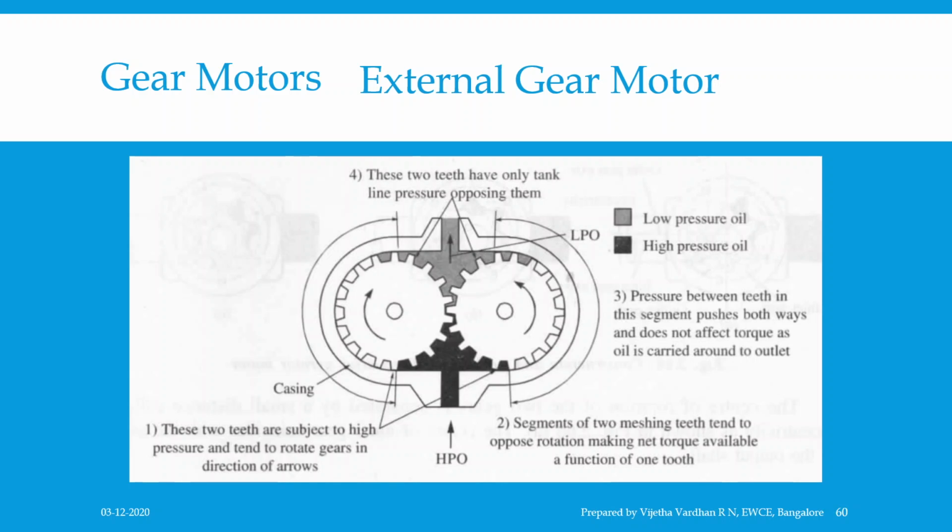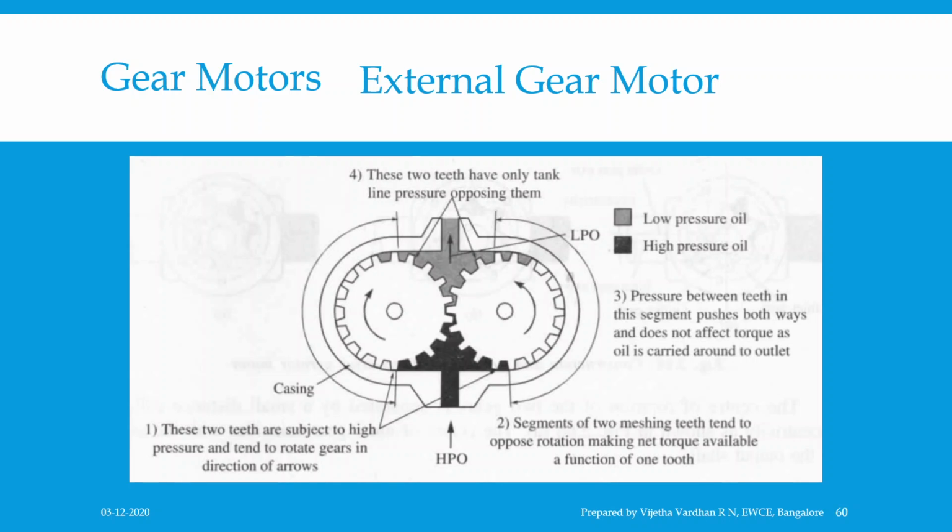Upon working, high pressure oil enters one side of the casing, unmeshes the gears and forces them to rotate. The oil under high pressure follows the path of least resistance, which is around the periphery of the inner side of the housing, and comes out at a low pressure through the outlet provided on the opposite side of the inlet.